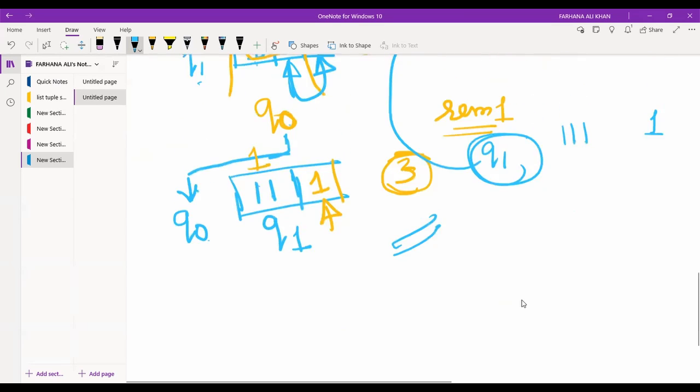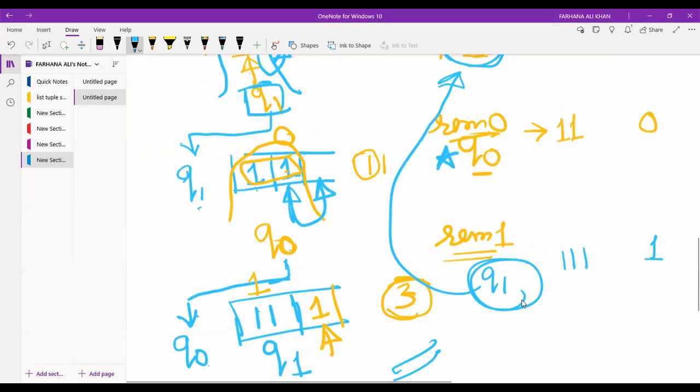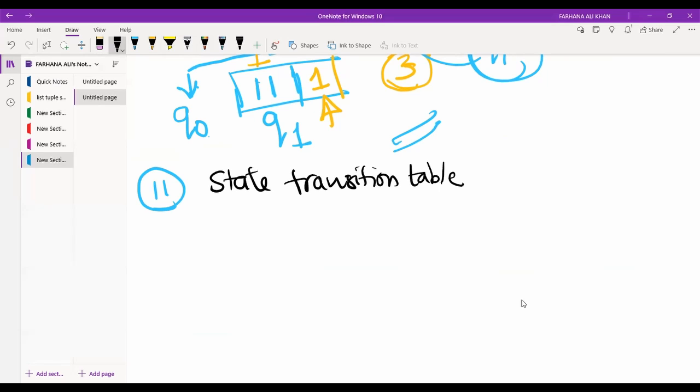Now we have tried to find out the states. The second step in the TCS method is to write the state transition table, so here we are going to write the state transition table. What is there in a state transition table?